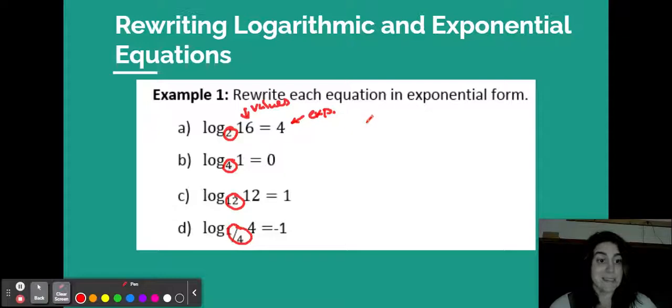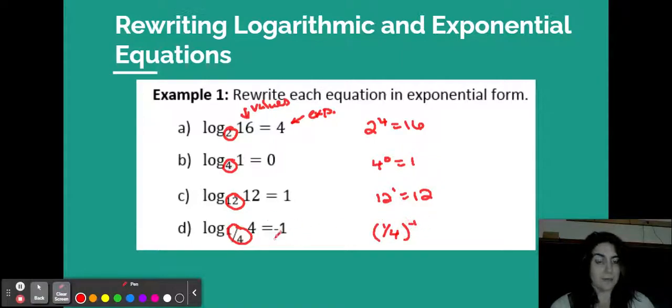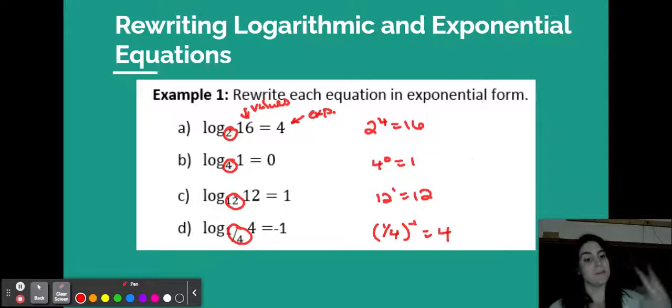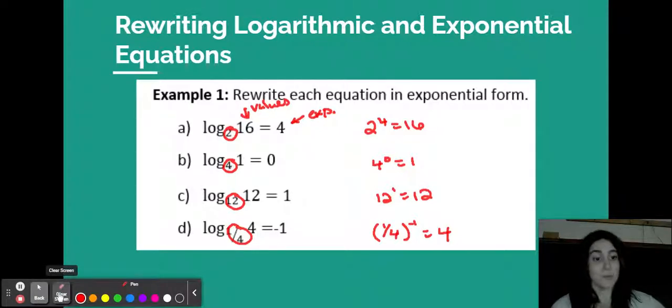And I can always test it out and see if it actually works, right? 2 to the 4th power does equal 16. 4 to the 0 power does equal 1. 12 to the 1st power is 12. And 1/4 to the -1, the base was a fraction. So that whole thing to the -1 is 4. Remember a negative exponent, I can just flip it. So that's how we would rewrite it from logs to exponents.